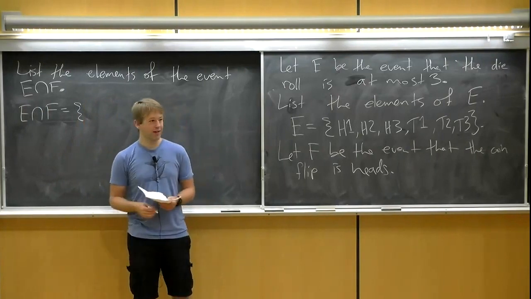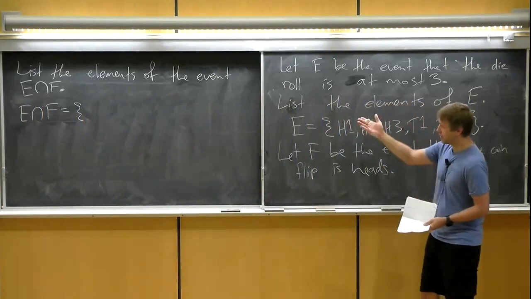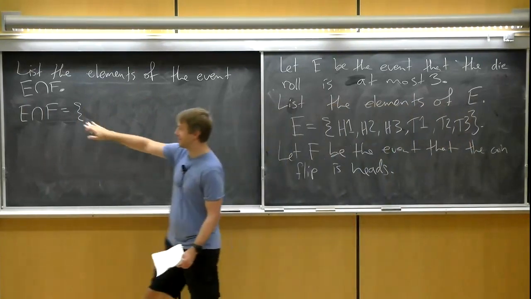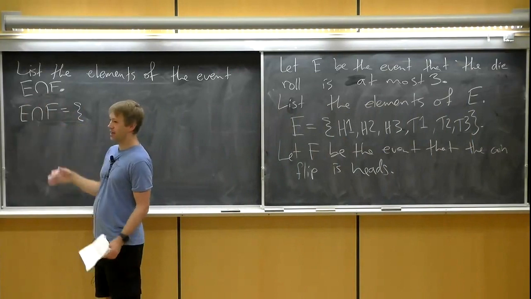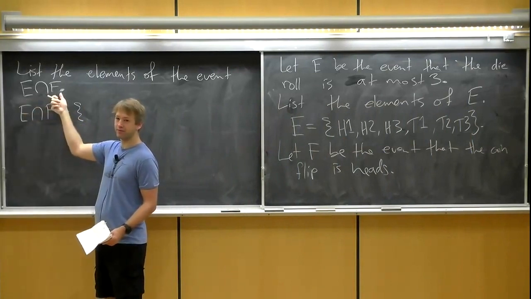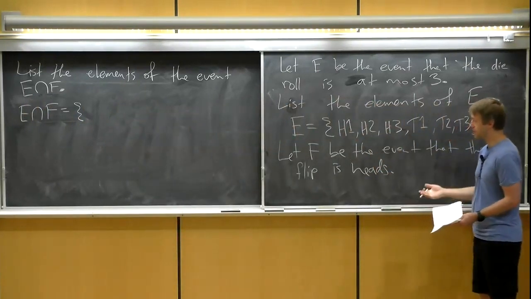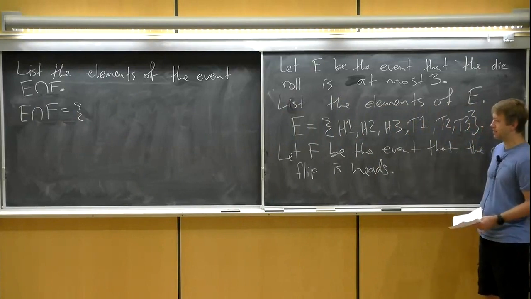Yeah, exactly. Because here we have intersection, we have to remember intersection means and. So we're looking at the event that E occurs and F occurs. E means that the roll is at most 3. F means that the flip is heads.